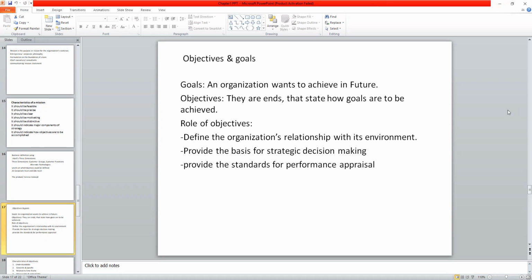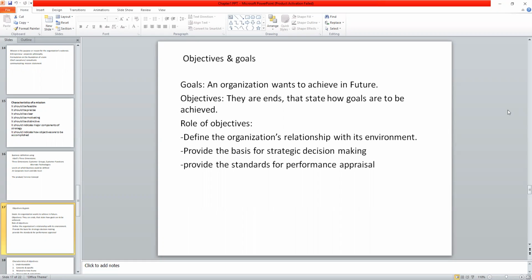All these are qualitative terms which are used in goal formulation. But as far as the objectives are considered, they are more precise, and that's why they need quantification, because they are to be measured and compared. Otherwise, if there are no benchmarks, it would be very difficult to quantify them.